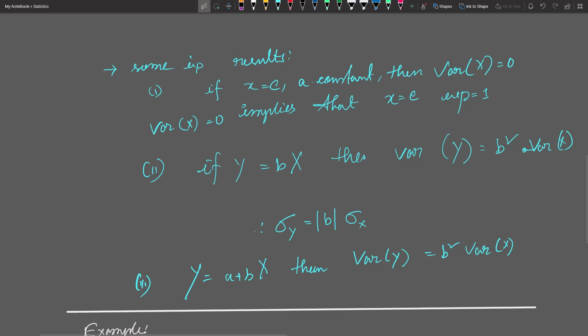If you see here, the variance of a random variable X is equal to 0, and this implies X is equal to c, where c means a constant. And if Y is equal to bX, then the variance of Y is equal to b square variance of X. That is nothing but, if you take the square root of this, that is what you will get.